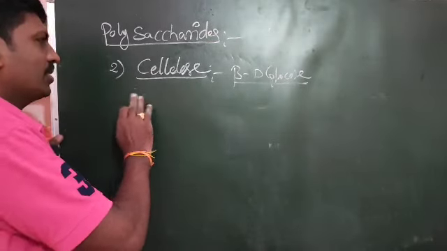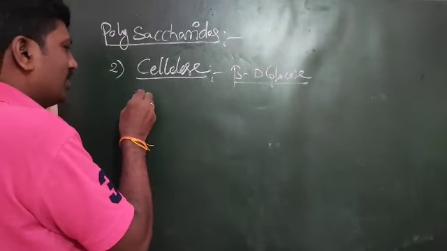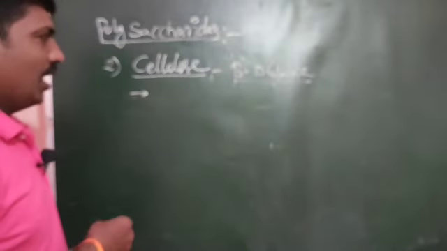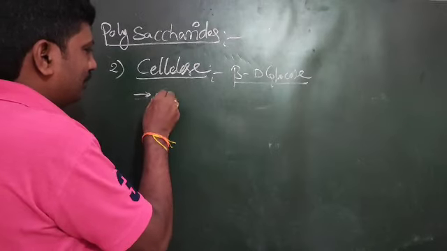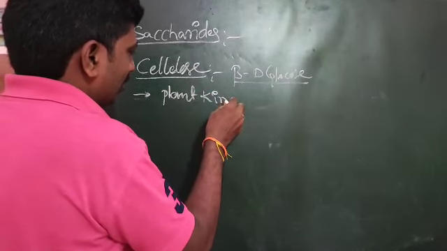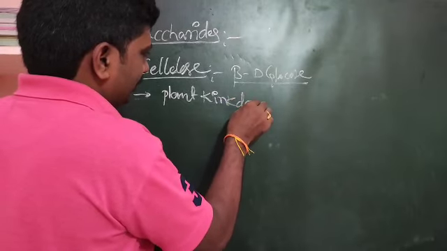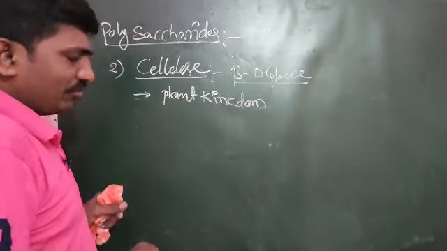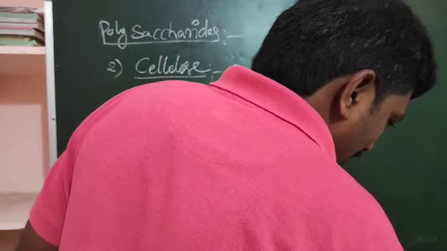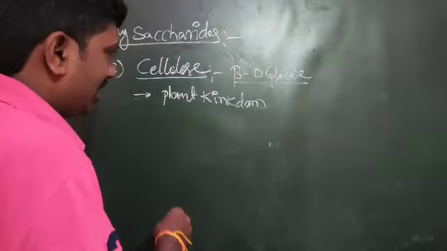So how will it form cellulose? Cellulose is present in the plant kingdom. Cellulose is the main structural material of the plant kingdom, right? It is a straight chain polymer.